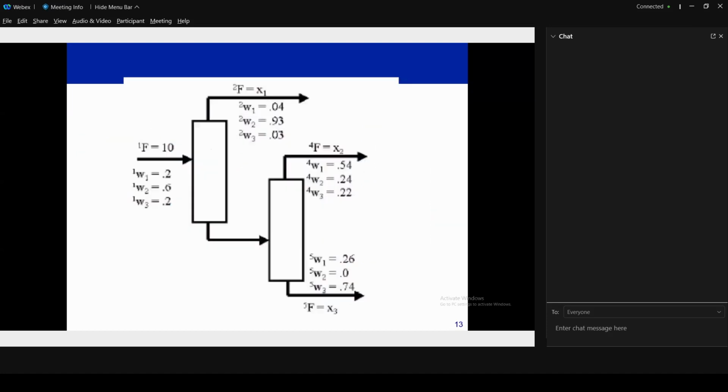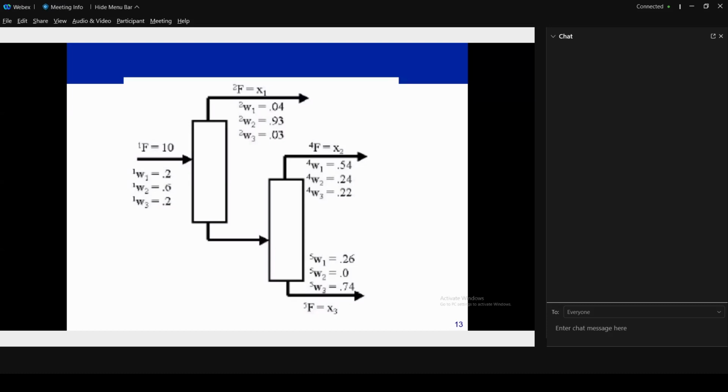Another classical example from our chemical engineering is this. It has a feed stream which has 10 units of flow, with weight fractions for component 1 as 0.2, component 2 as 0.6, and component 3 as 0.2. If it's flashed, then this stream gets converted into two streams.